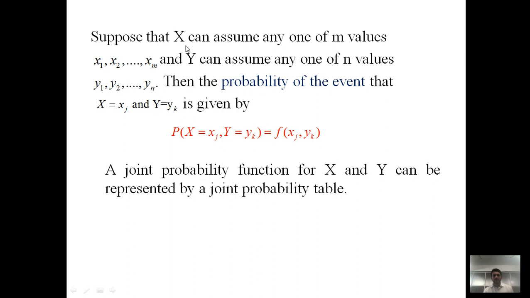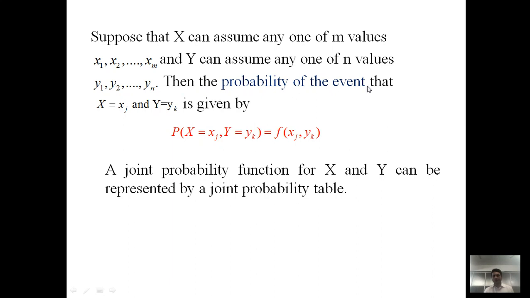Now suppose capital X can assume any one of m values, x1, x2 up to xm, say xj. Capital Y can assume any one of n values, y1, y2 up to yn, and say yk is any value between y1 and yn.